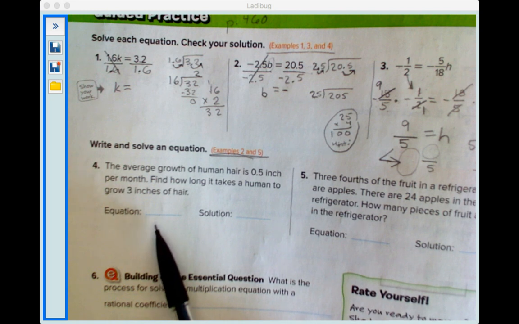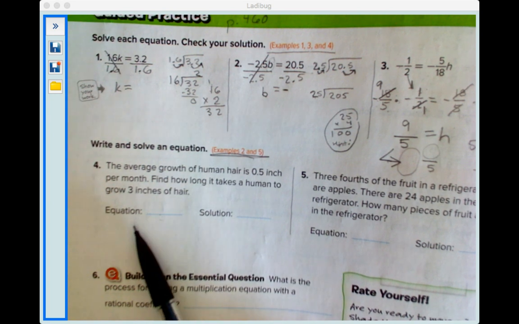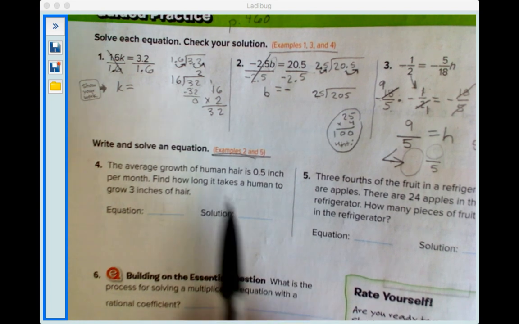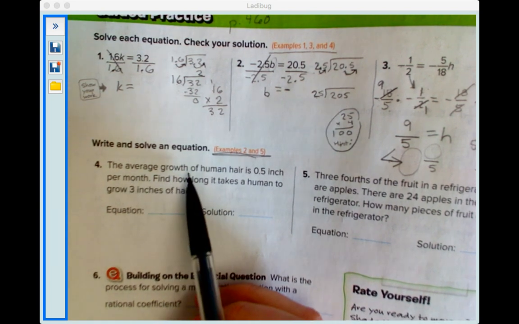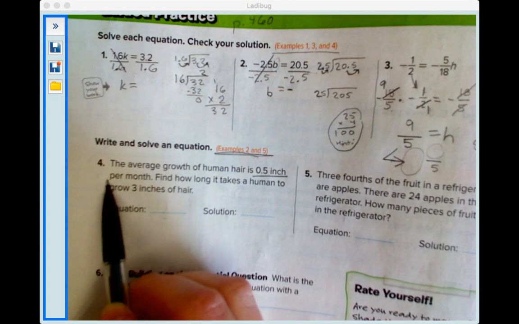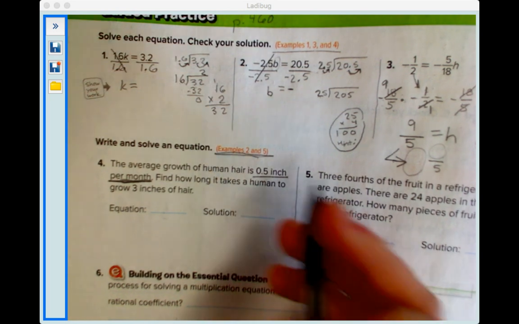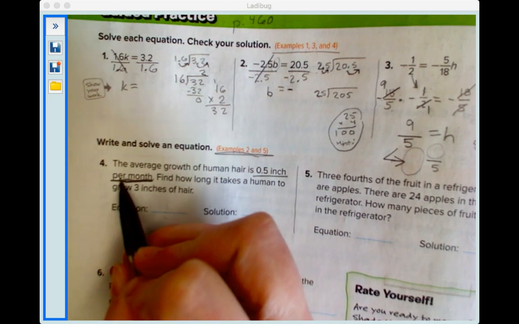You're going to need to listen to me so that you can figure out what your equation is. But I will not help you fully set up an equation. So, the average growth of human hair is 0.5 inches per month. 0.5 per month.